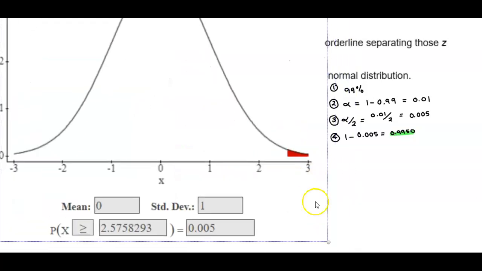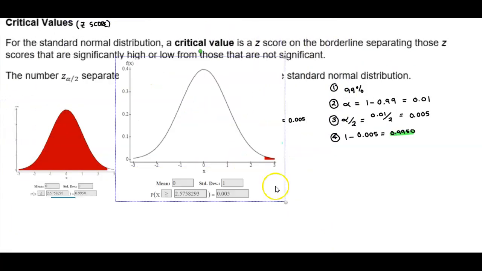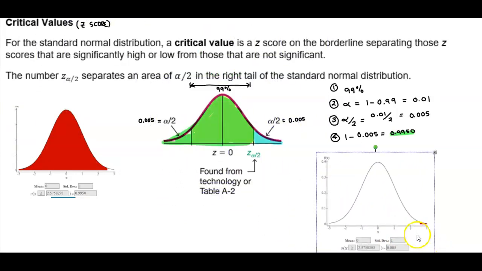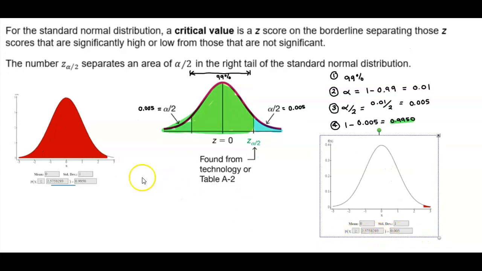So you can see that there are two ways of going about that, but we also need to understand what is happening here. If we use StatCrunch to find this, there are two ways to do it. We can put in the area of 0.9950, which includes everything in the middle and this piece here, and go to the left, or we can say we're only concerned about this area, so we say greater than or equal to 0.005, and it gives us that critical value.